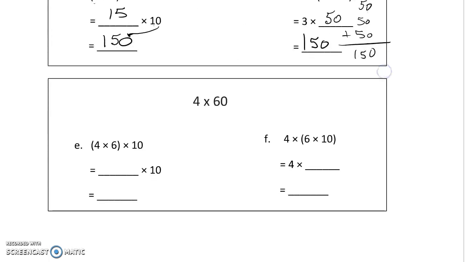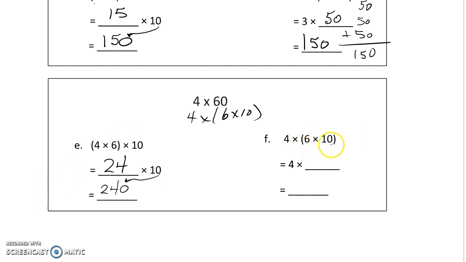Next one. 4 times 60. So here what they're doing is they're saying that's 6 times 10. So our problem is 4 times 6 times 10. So if we use the associative property and move the parentheses around the 4 times 6, 4 times 6 is 24. So using that same strategy we used in the problem above, 24 times 1 is 24, bring that fun little 0 down onto the end to get 240.